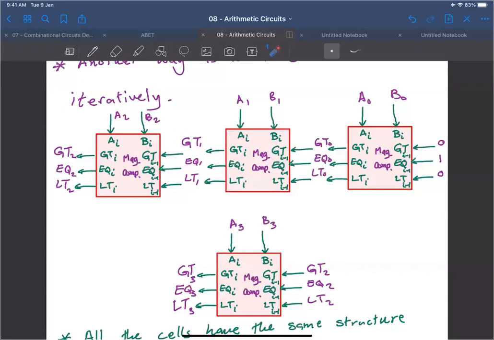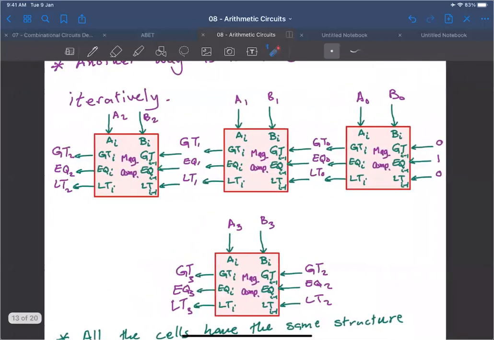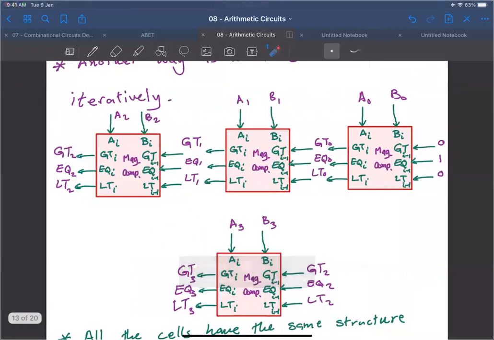You need to wait for 64 deltas, where delta is the propagation delay from here to here, to get the correct output at the output of the comparator. Is this clear? Yes. Who was asking? Yes, thank you. Yeah, I understand now, Faisal. Okay, excellent.